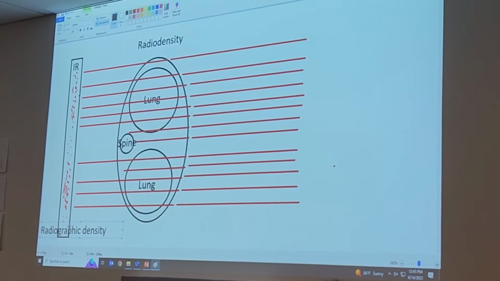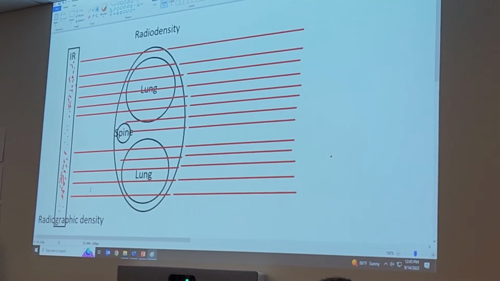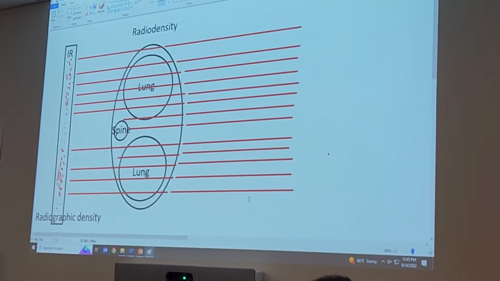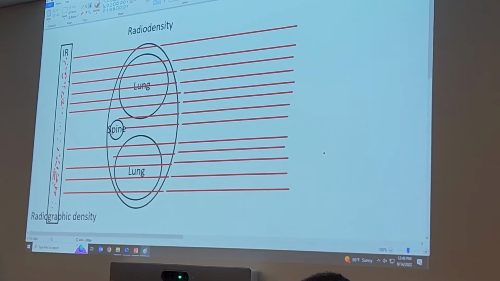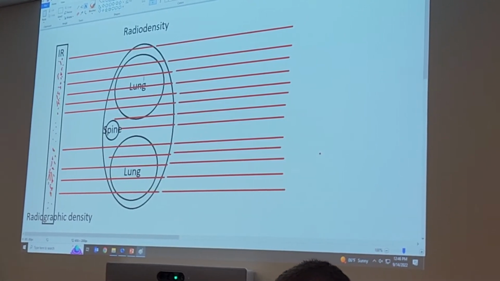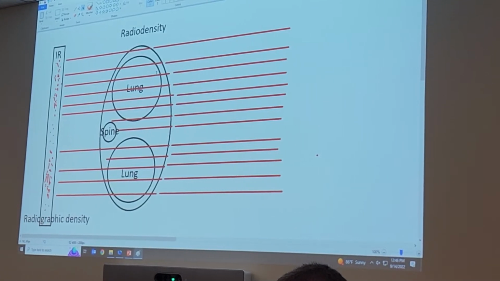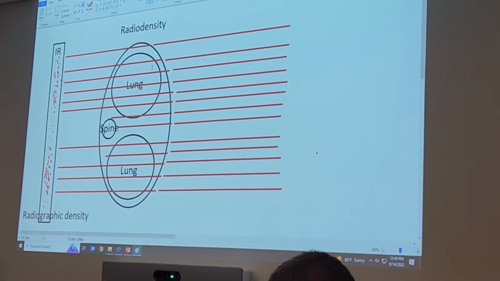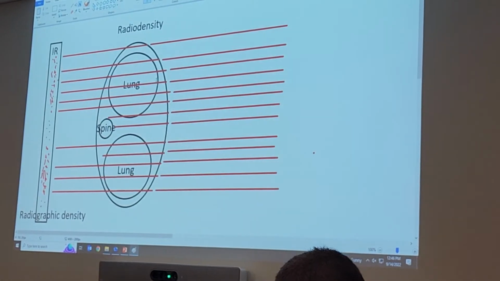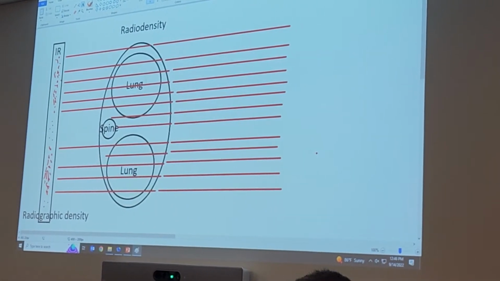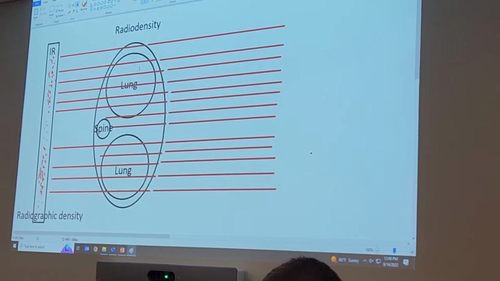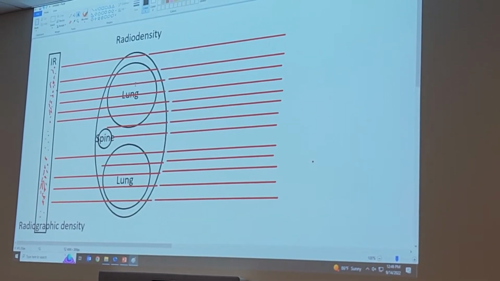So if we're talking about the lungs, lungs are filled with air. So the radio density of the lungs is how? High. Do they let X-rays through? Do the lungs absorb X-rays very well?